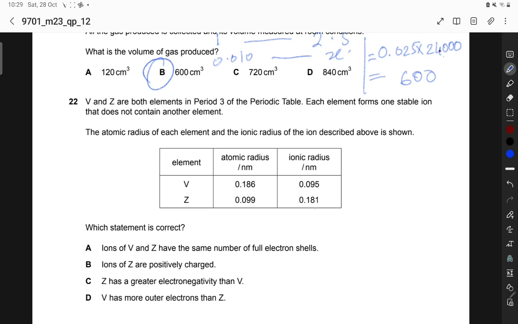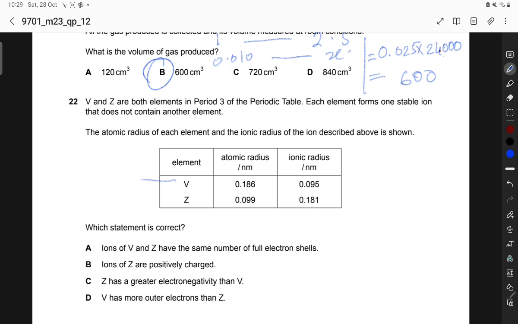And we know that metal atoms have a larger atomic size than the non-metals, and anionic radius is more than the cationic radius.